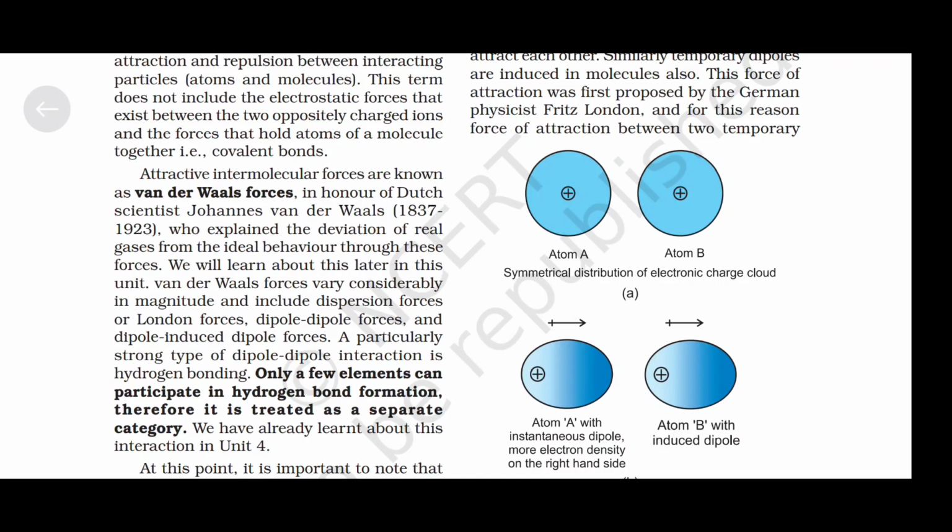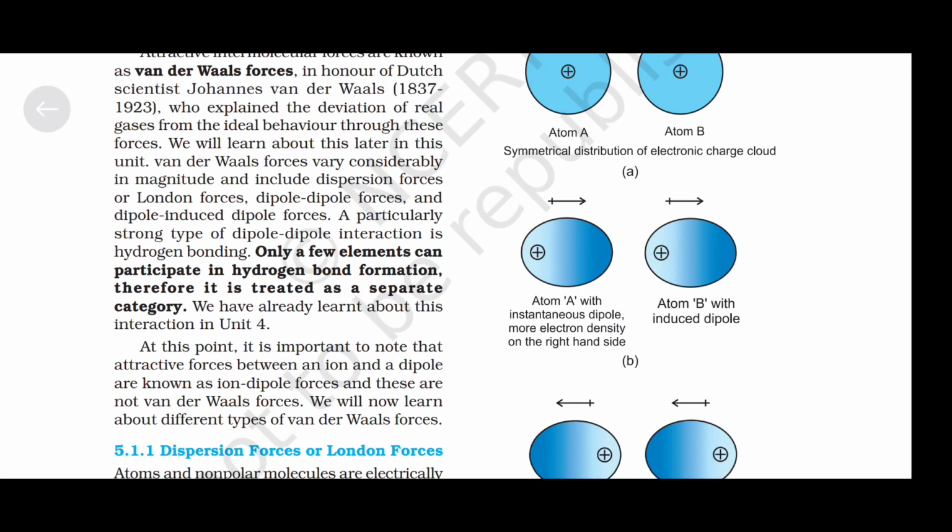Van der Waals forces vary considerably in magnitude and include dispersion forces or London forces, dipole-dipole forces, and dipole-induced dipole forces. A particularly strong type of dipole-dipole interaction is hydrogen bonding. Only a few elements can participate in hydrogen bond formation.